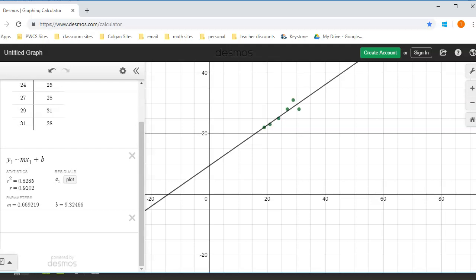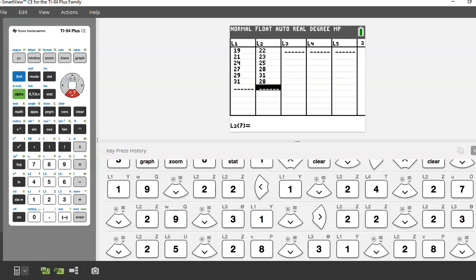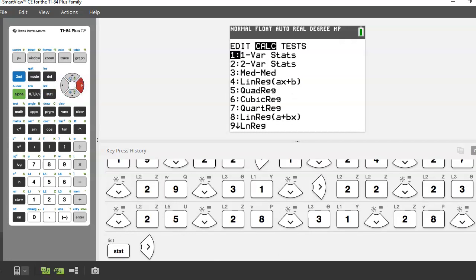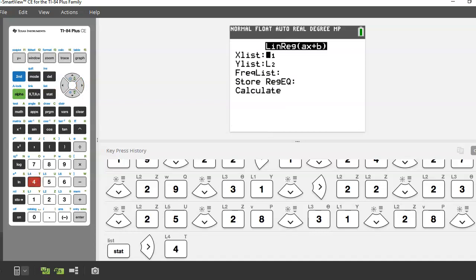Let me do this part on the calculator first before I continue. After you have this in your calculator, you're going to go Stat, Calculate, and you need this one, linear regression, number 4. Make sure that X list is in L1, the Y list is in L2.